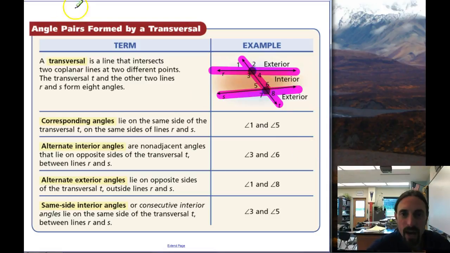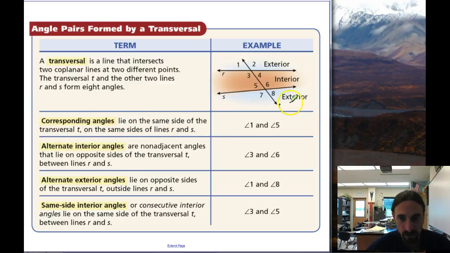Okay, now here's the big concept. When you have this situation of intersecting lines, let me erase everything. Corresponding angles lie on the same side of the transversal, whether left or right, and on the same side of the corresponding lines, R and S. So, for example, 1 corresponds to 5.